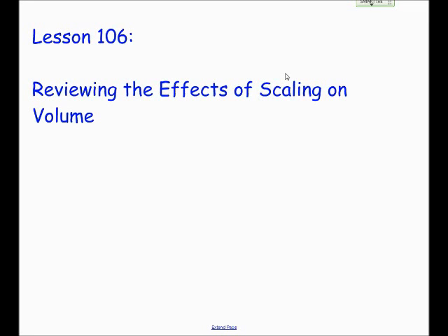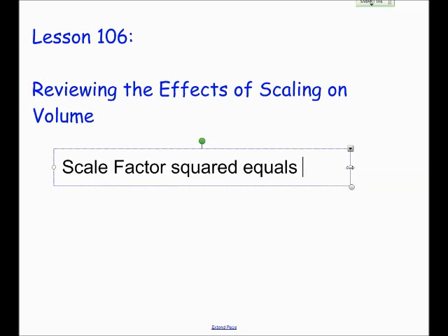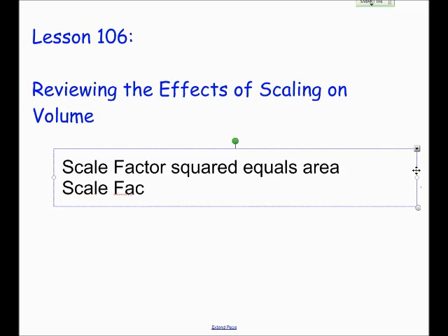All right, today in lesson 106, we're going to review the effects of scaling on volume. Quite simply put, scale factor squared equals area, and scale factor cubed equals volume.